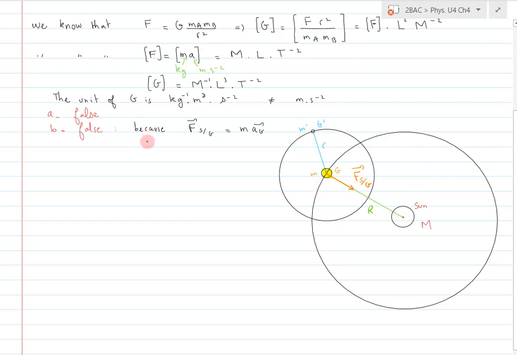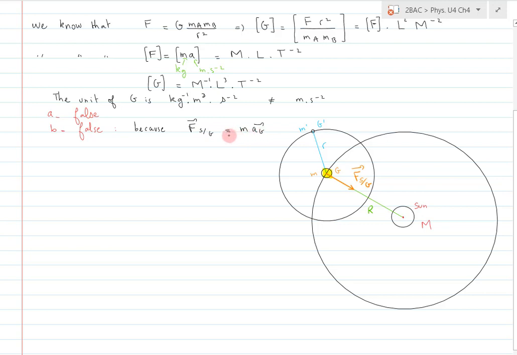Regarding question B, which is false, why? Because from Newton's second law, F is equal to mAg. The force that the Sun applies on the Earth is this, and from this equation we can see that they are collinear.